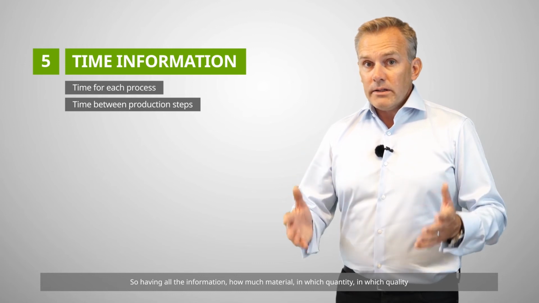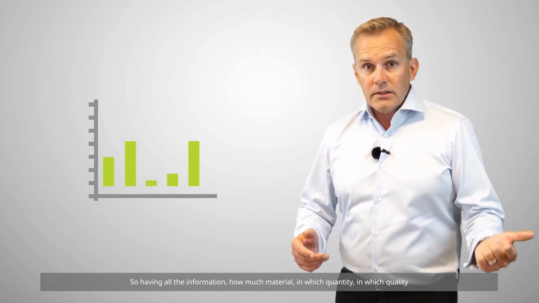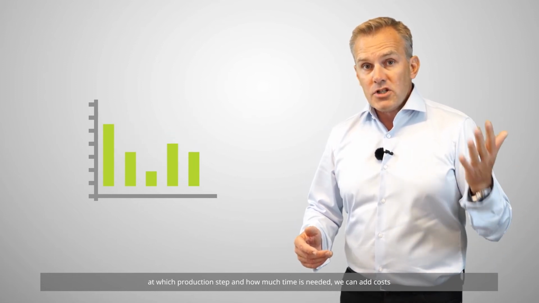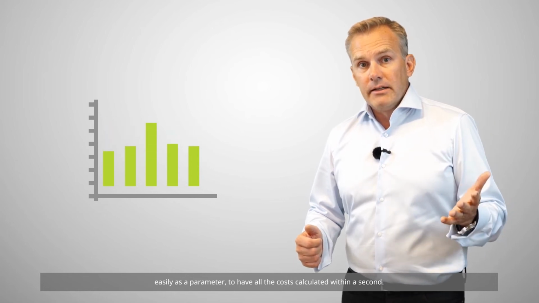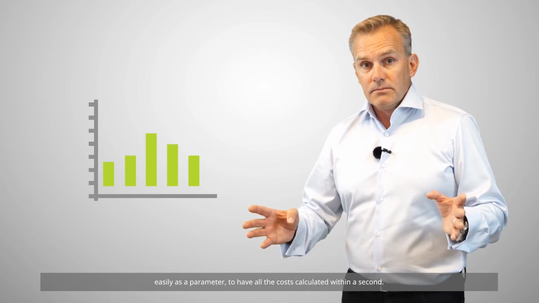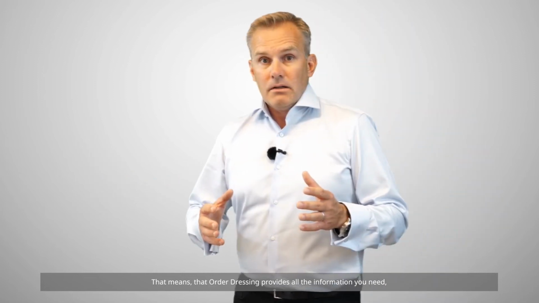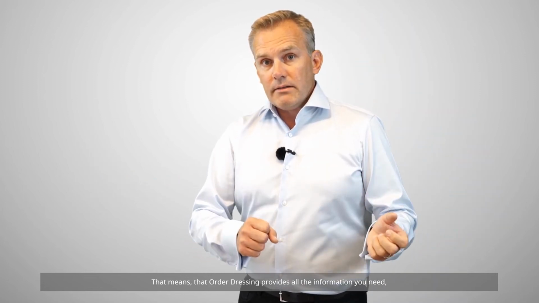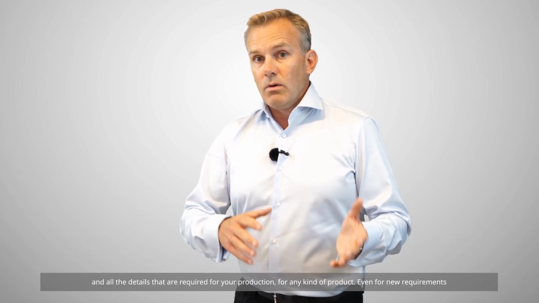So having all the information, how much material, in which quantity, in which quality, at which production step, and how much time is needed, we can add costs easily as a parameter to have all the costs calculated within the second.